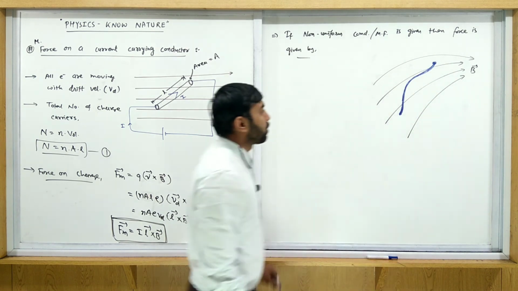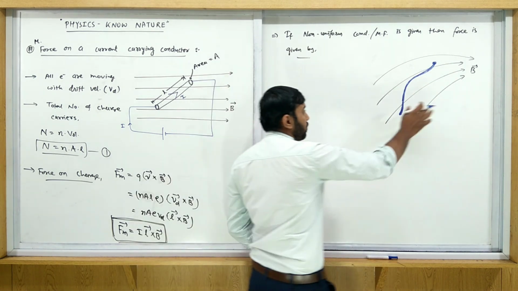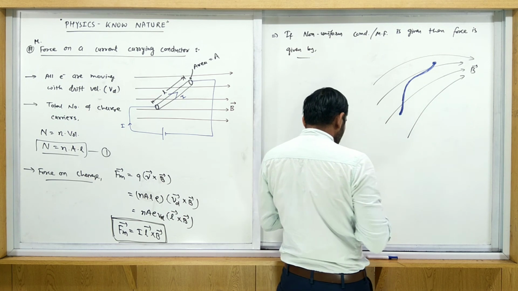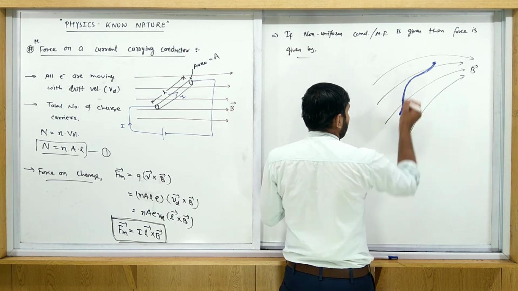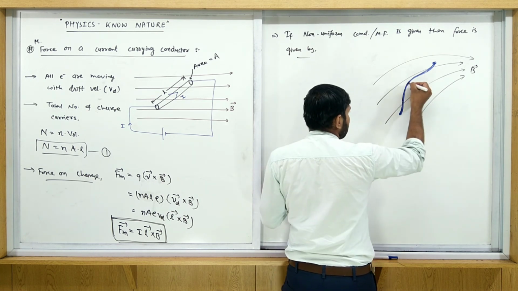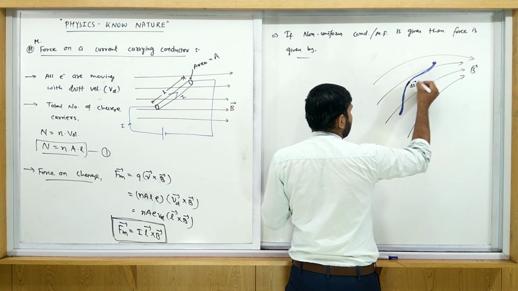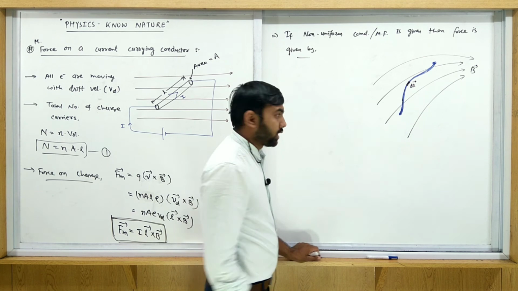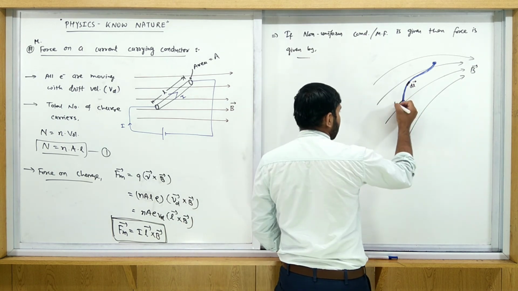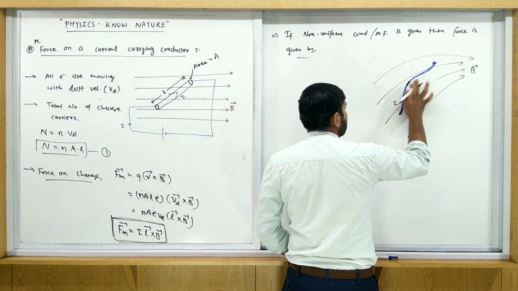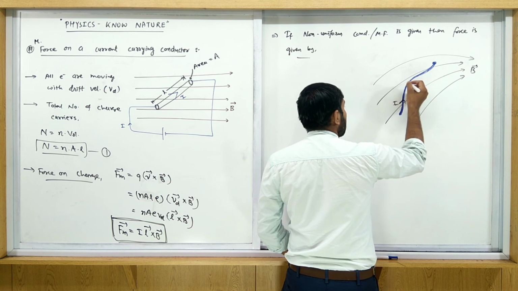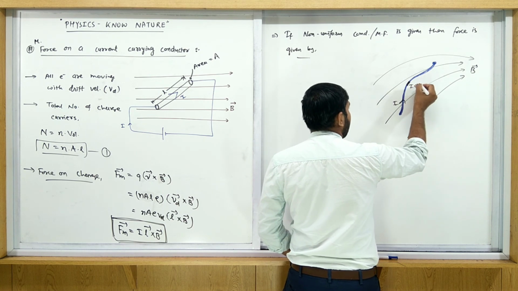This is a non-uniform conductor in a non-uniform magnetic field. Here you consider only a small element dl, through which the current I passes. Then we generally write this as the current element, called I dl.